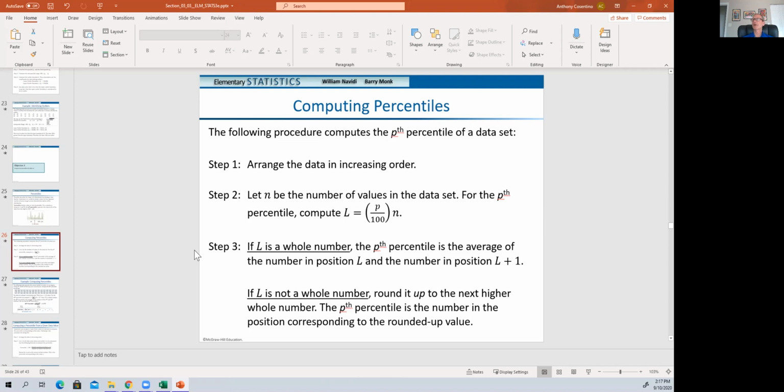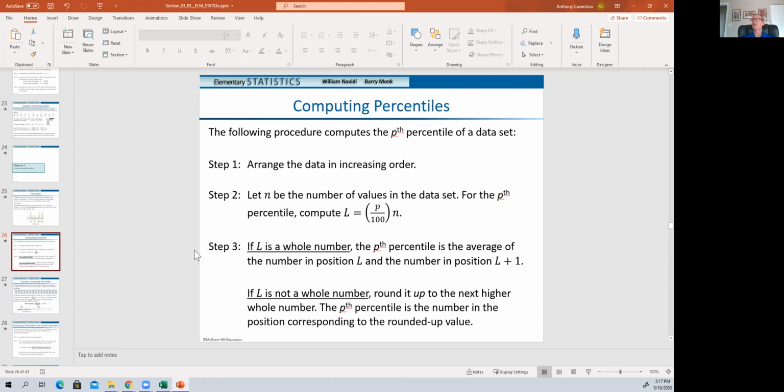And now we want to calculate the L value using the percentile. And you can see it's the percentile divided by 100, which converts it to a decimal. And then you multiply it by n. Same thing happens. If it's a whole number, you take that number and the next one, index, and you add them together and divide by 2.